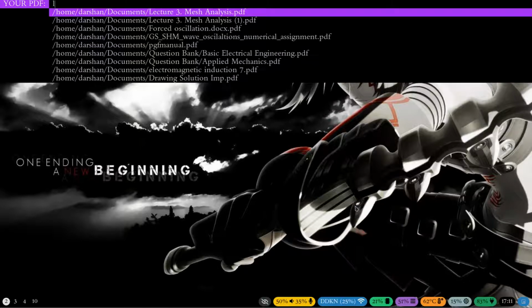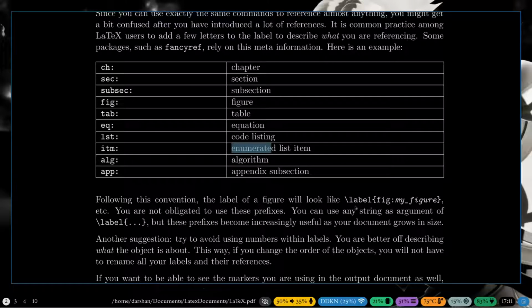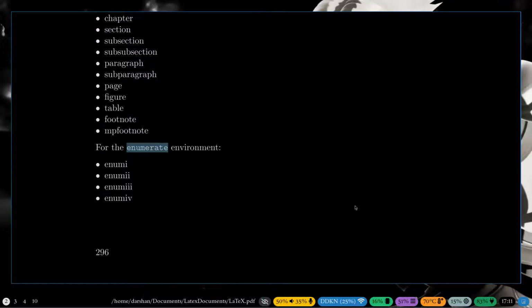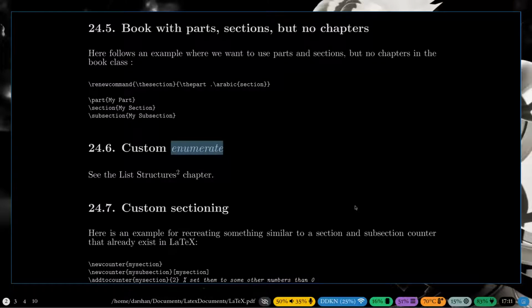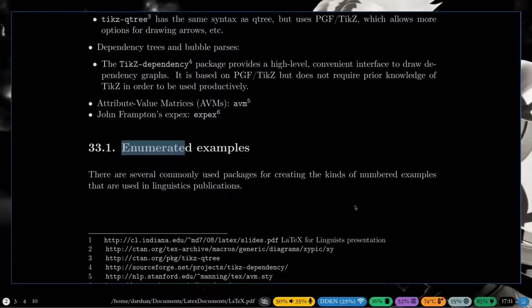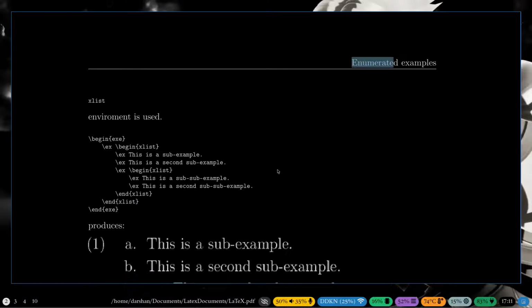So that is not PDF. Enumerate package. Enumerate. Custom enumerate. Enumerate examples.